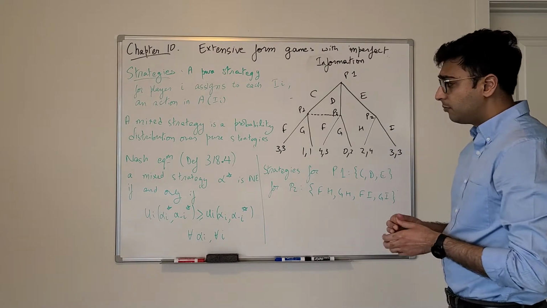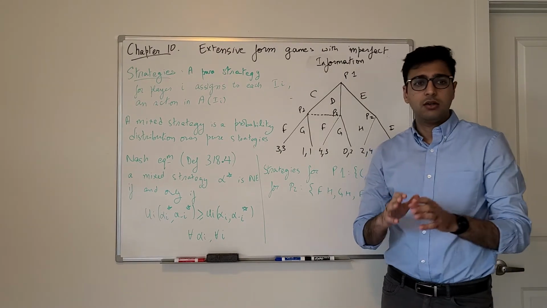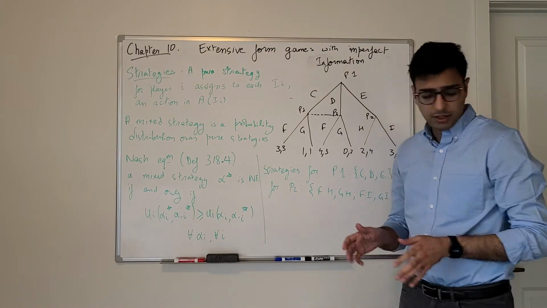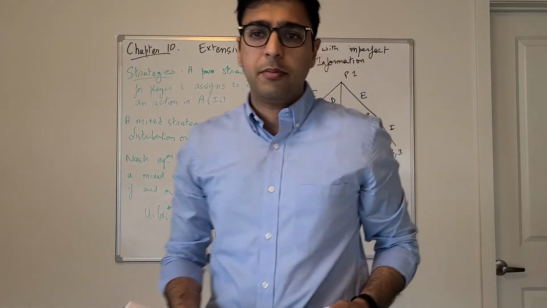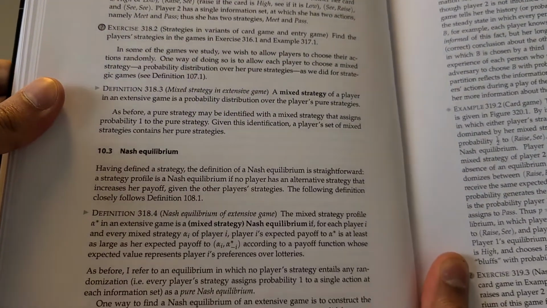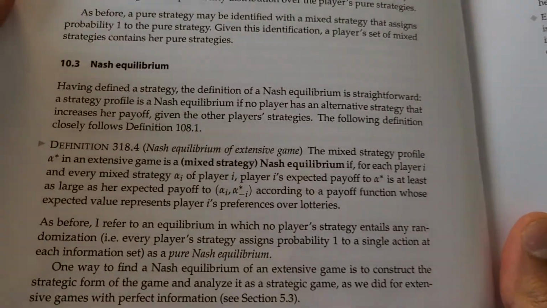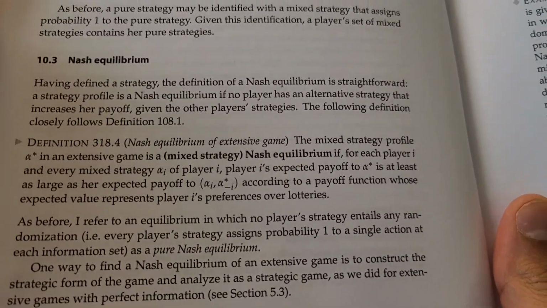A Nash equilibrium, so a mixed strategy Nash equilibrium here. For that, just look at the definition on page 318. Let's see if you can see this. This is definition 318.4.